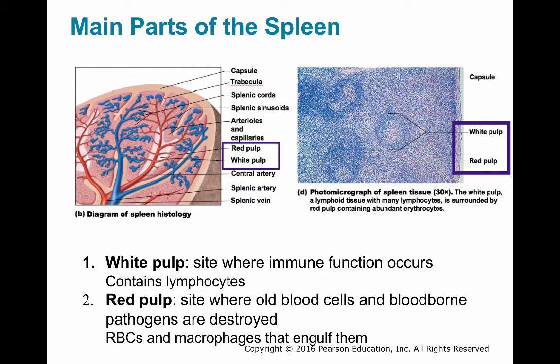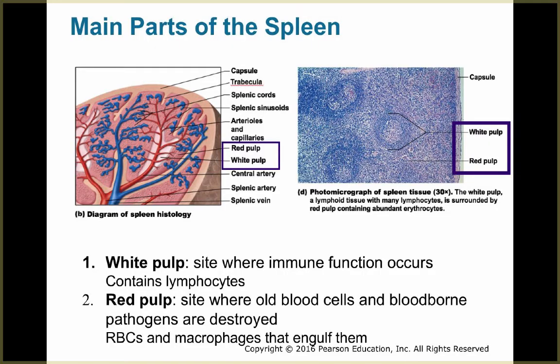So if you look in here, when we do a cut of the spleen, you can see the two different parts here, the two different tissues, right? So you have the white pulp, that's the site where immune function occurs. It's this darker region that's around here, and it contains lymphocytes.